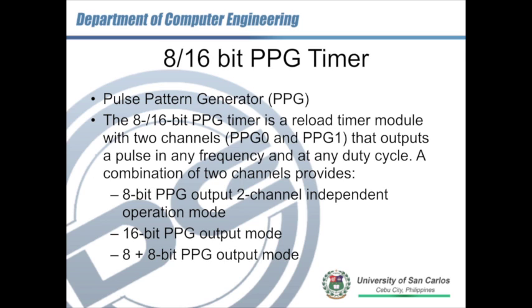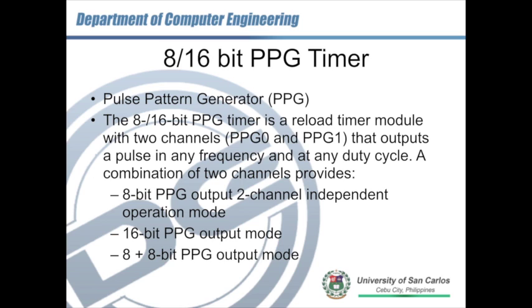So a combination of these two channels, PPG0 and PPG1, you could have an 8-bit PPG output, two-channel independent operation mode, 16-bit PPG output mode, and 8 plus 8-bit PPG output mode. So these are the three modes we could operate from.